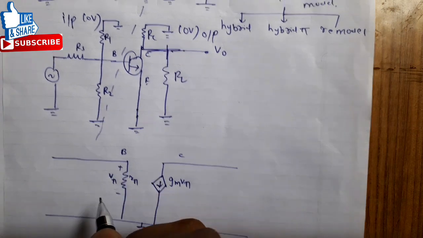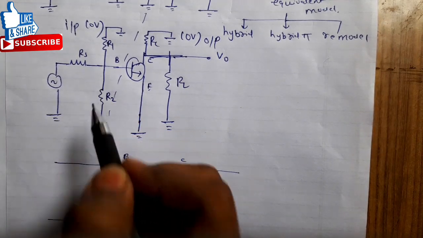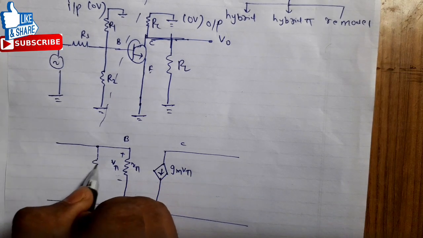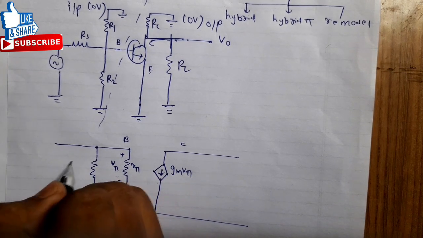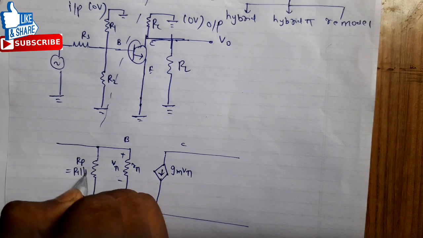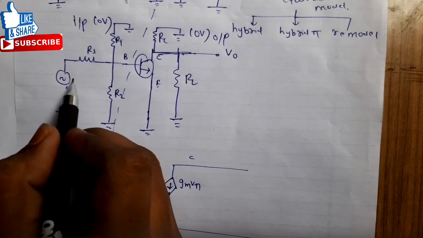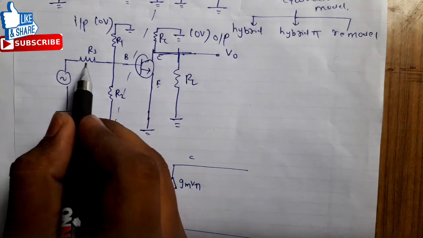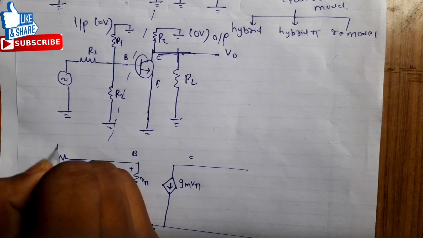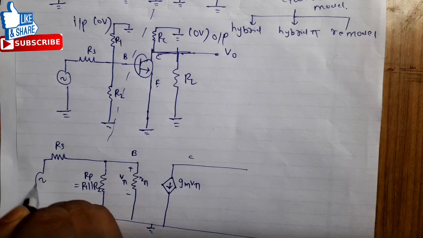At the input side R1 is parallel to R2, so I'm going to club them as Rp, which equals R1 parallel R2. Here is RS, the input series resistor, and one voltage source.